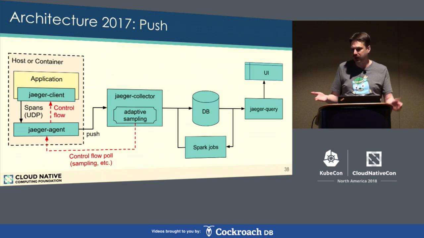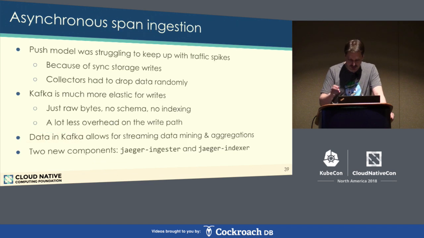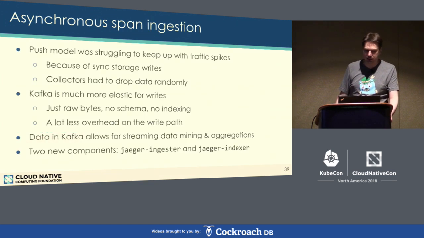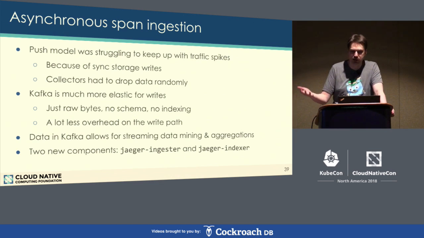But that's physically impossible because of the stateless nature of collectors. So in summary, the push model was struggling with traffic spikes. And there are multiple reasons for traffic spikes. It could be real business traffic, or someone could deploy an application with 100% sampling by mistake, and suddenly it floods the data pipeline.